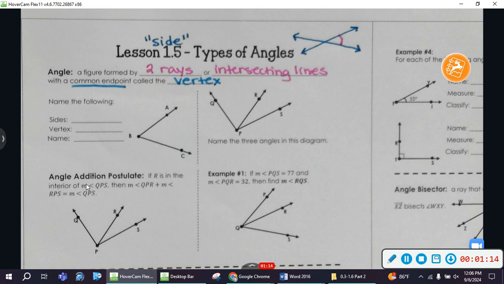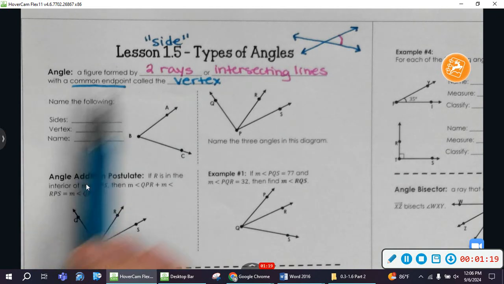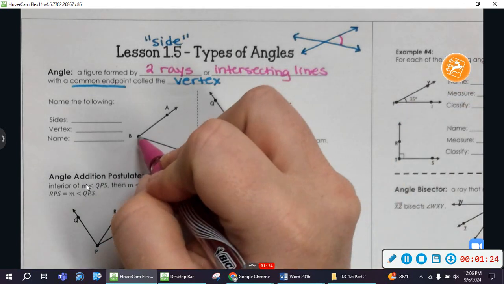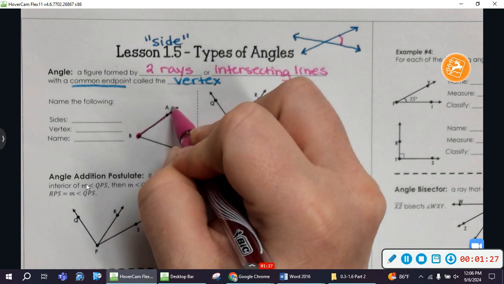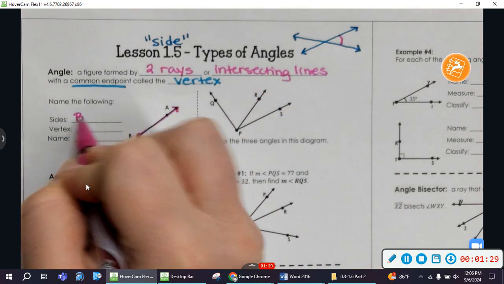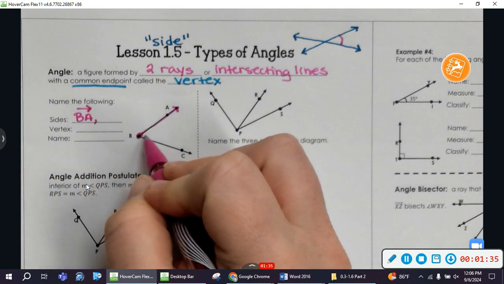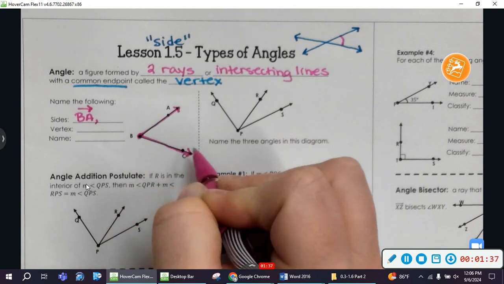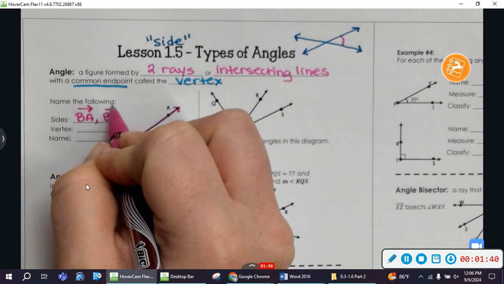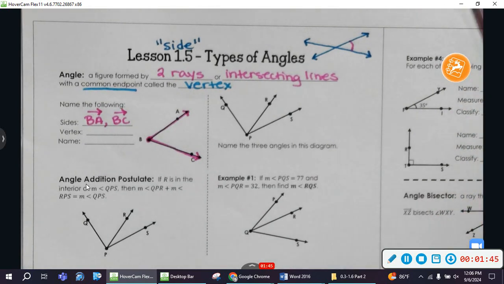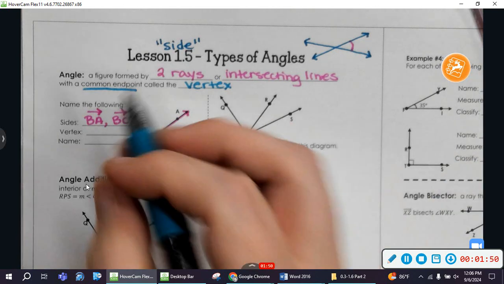So when I need to name the following, we said the sides are the rays. So this ray starting here at the vertex point, starting at B, going in the direction of A with the ray symbol above it. And then our other side is ray BC, again with the symbol above it. Then the vertex point is the point they have in common in the middle.